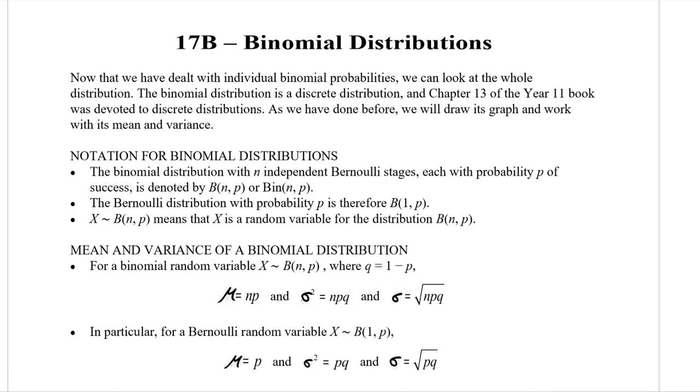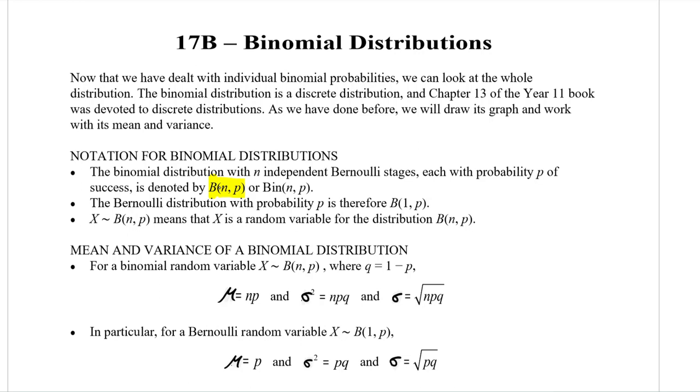So, the notation we'll be using for the binomial distribution. The binomial distribution with n independent Bernoulli stages, each having a probability p of success, is denoted by B for binomial. The first number is the number of trials, and then p is the probability of success. If you see it in that form, that's what those numbers mean.